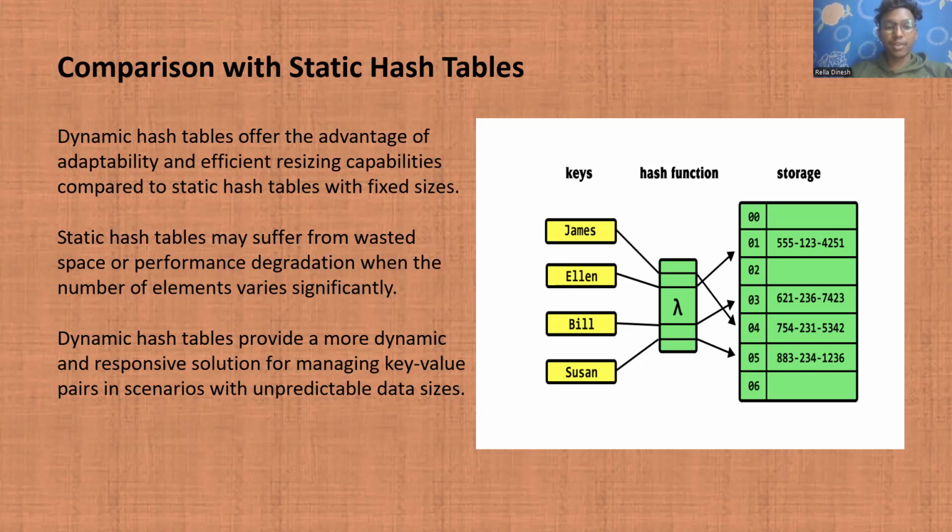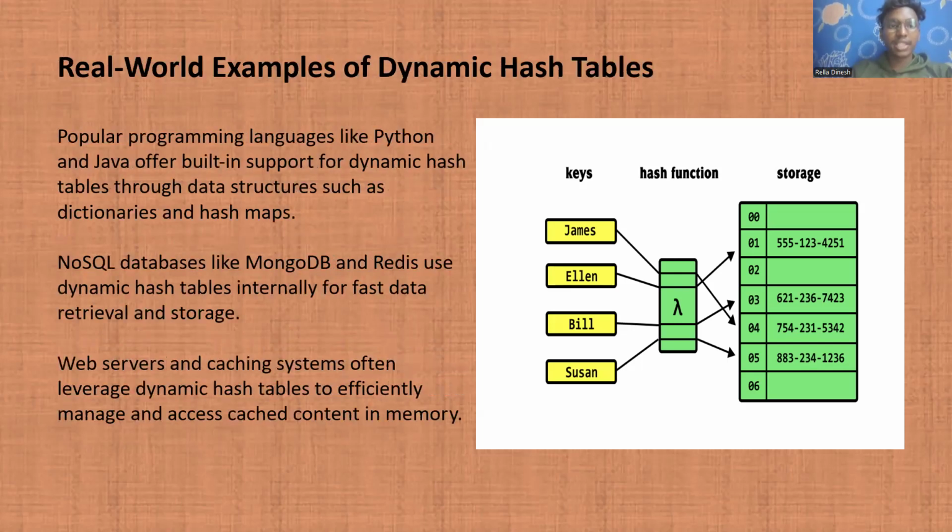Dynamic hash tables provide a memory efficient and responsive solution for managing key value pairs in scenarios with unpredictable data size. Now we'll see real world examples of dynamic hash tables.